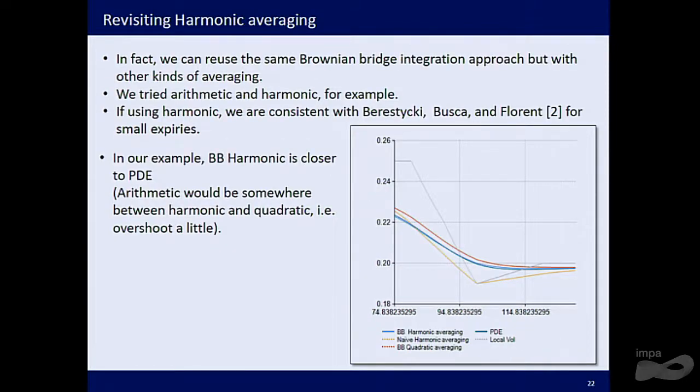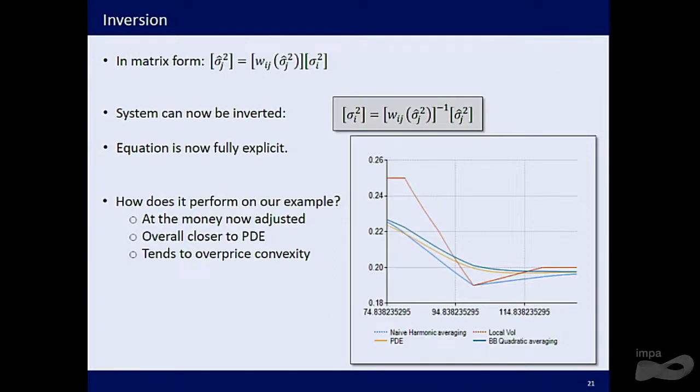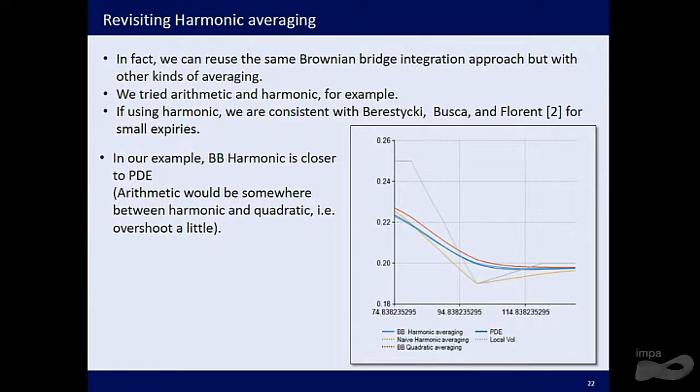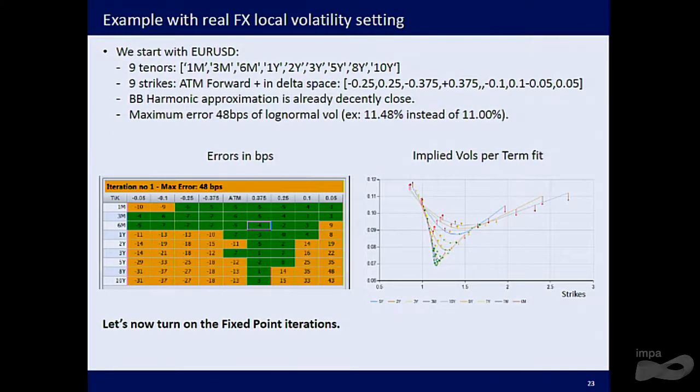Okay. So I'm going to skip this, and you can replace that averaging of variances by averaging of harmonics, and that works actually even better. So let's take an example. We're going to use this proxy, and we're going to start from a number of targets. So now I'm looking at euro-dollar FX options. I'm using 9 tenors, 9 strikes.